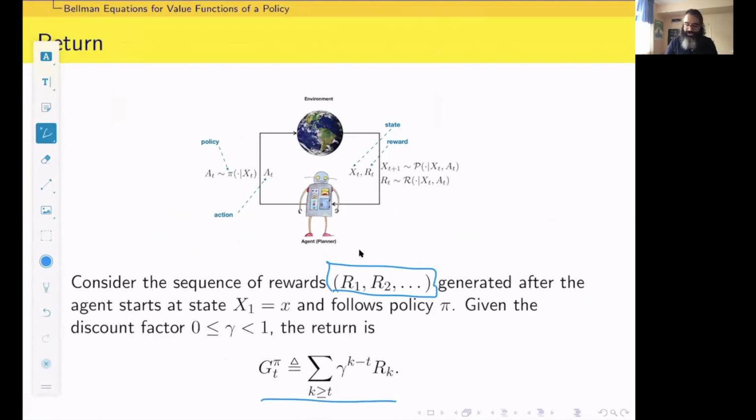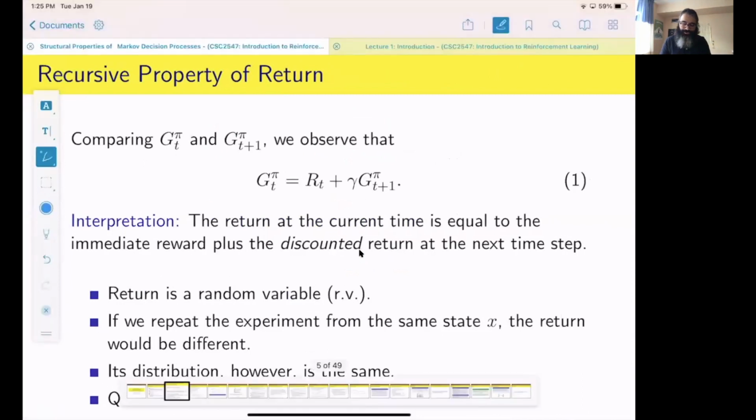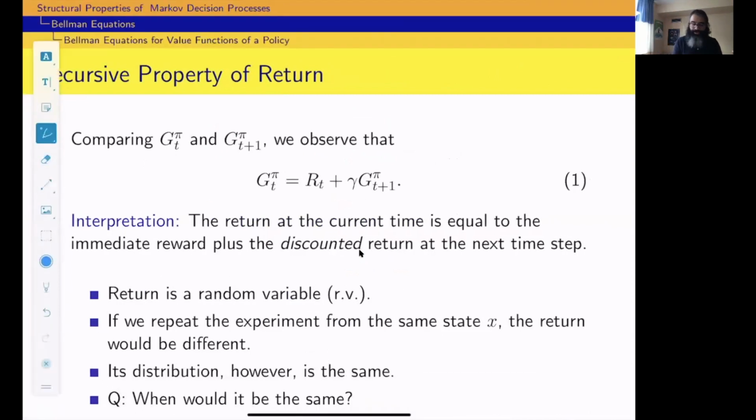If we look at the definition of return, we see that it has an interesting recursive property. If we compare G pi at time t and G pi at time t plus 1, at the next time step, we observe that G pi at time t can be written as the reward that we get at time t plus gamma, the discount factor, times the return at the next time step.